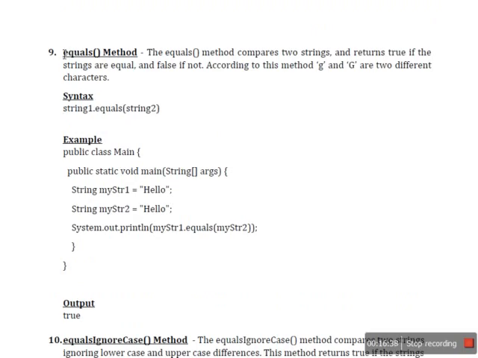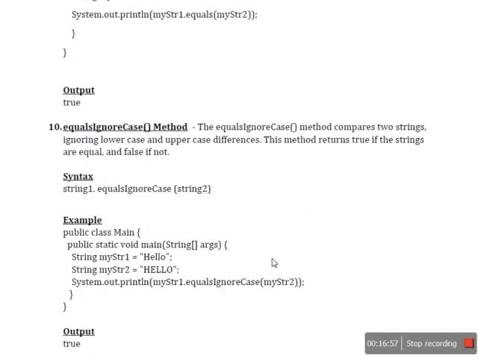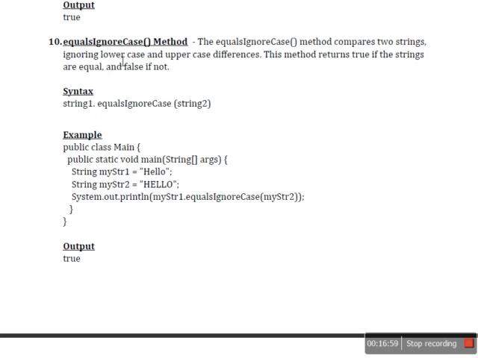So in equals, what will happen? You will be comparing the two strings, and if the characters that you are comparing are in different cases, then the value will not match, and in that case it will return false. But suppose we have a method that is equalsIgnoreCase, which will ignore the case. That means whether it is uppercase or lowercase, it is insignificant to it. It will be ignoring the cases.